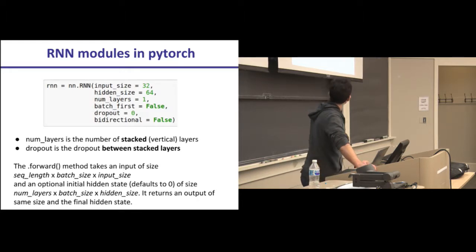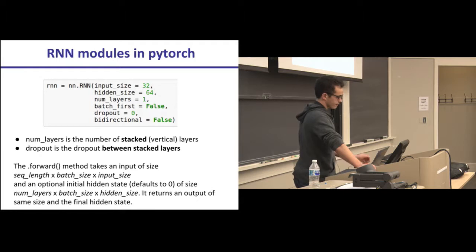For RNNs in PyTorch, you've got modules like you've got for everything else. In the nn set of classes, you've got an RNN class where you can specify the input size, the hidden size, and the number of layers. That's if you use stacked recurrent neural networks, like you should have seen in the lectures, vertically stacked.